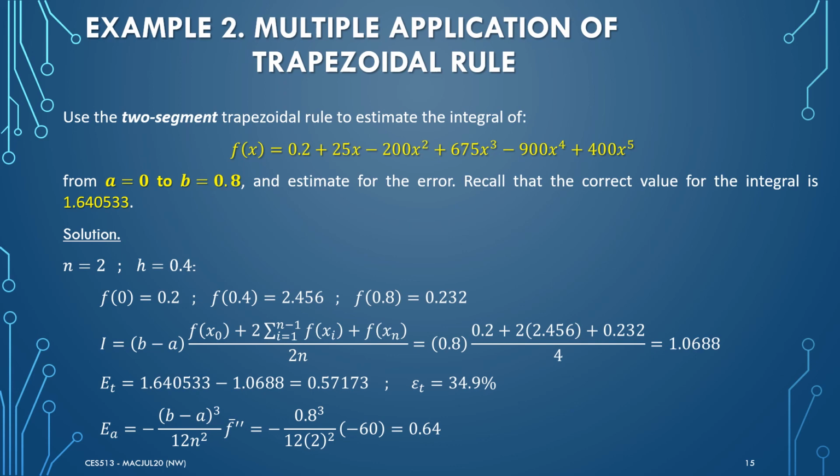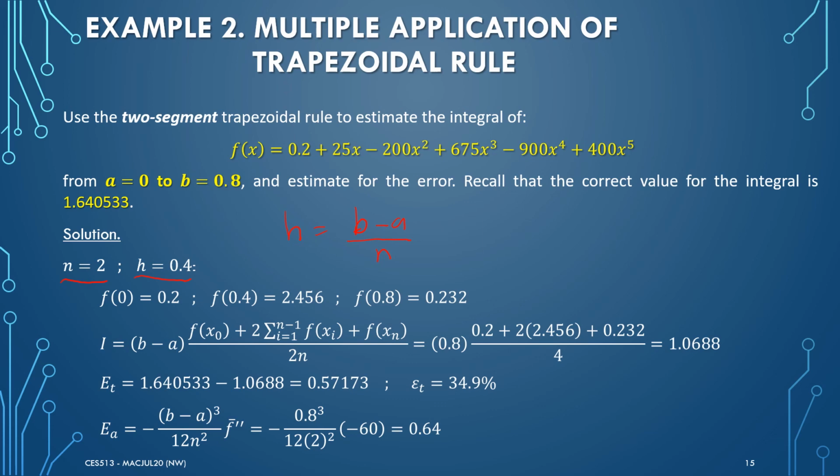So for the solution, we consider n equal to 2 and h equal to 0.4, because h is equal to b minus a divided by n.